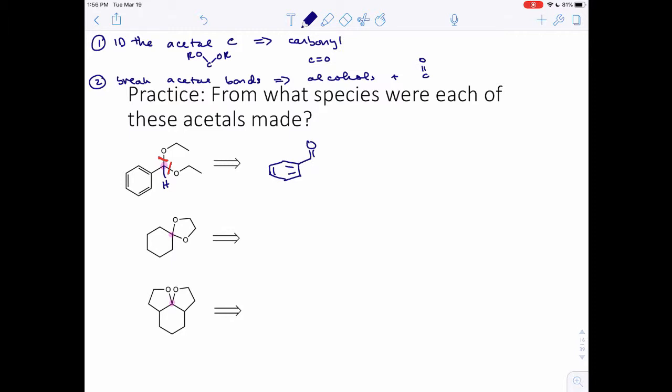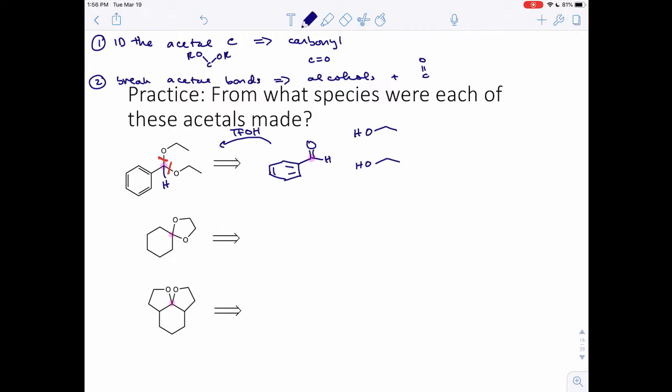All right, so this was the carbonyl carbon, the pink carbon, and then we had 2 alcohols, so 2 molecules of ethanol. Okay, so there we go. If we wanted to make this acetal from these species, we would just treat it with acid. So let's say triflic acid or tosic acid or sulfuric acid, just some acid.